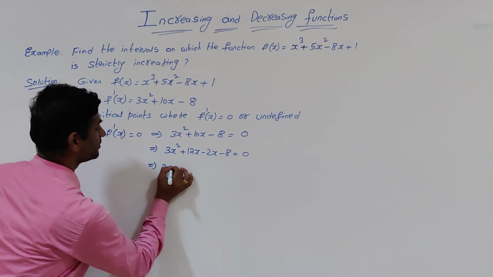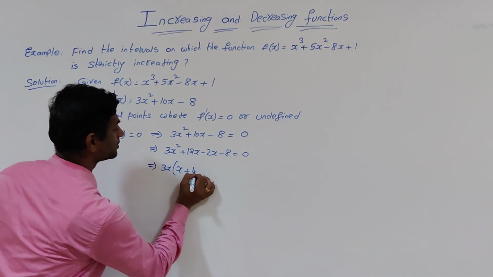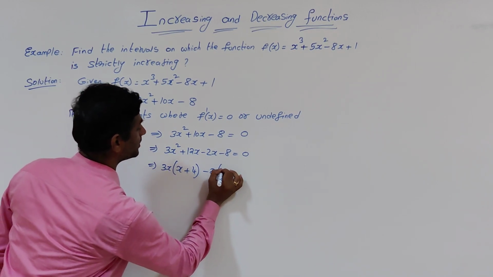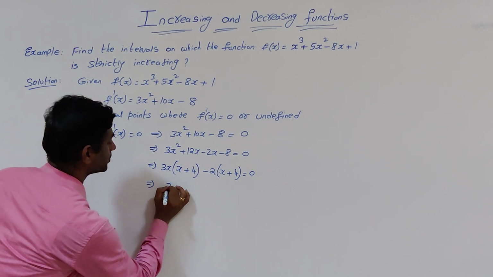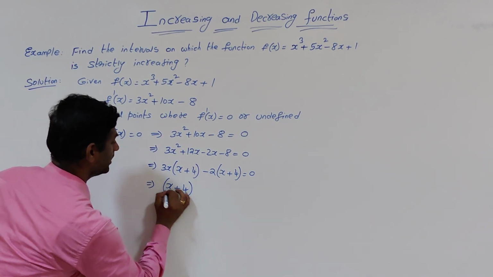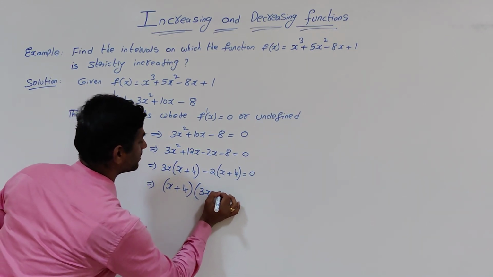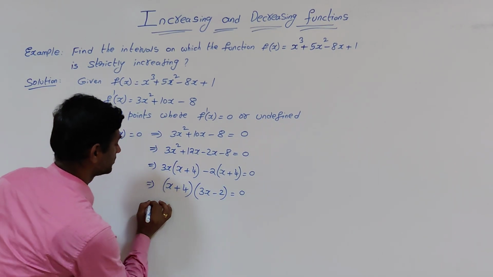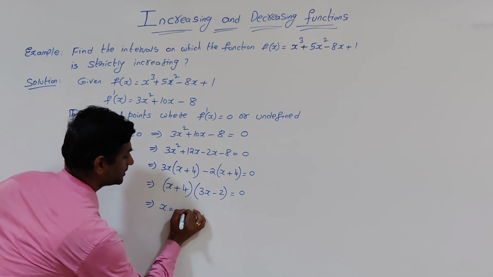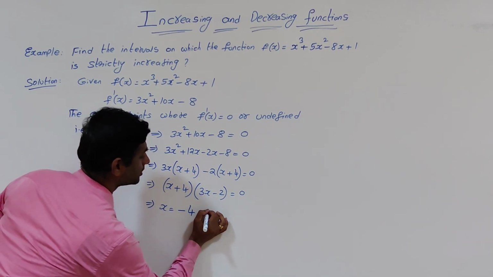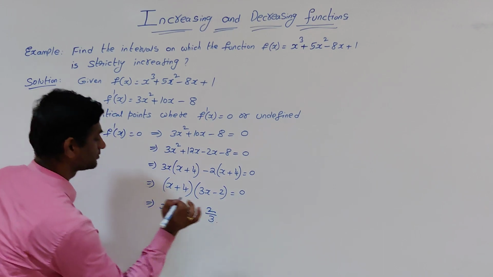So 3x common, x plus 4, and minus 2 common, x plus 4 is equal to 0. So x plus 4 into 3x minus 2 is equal to 0 implies x is equal to minus 4 or 2 by 3.